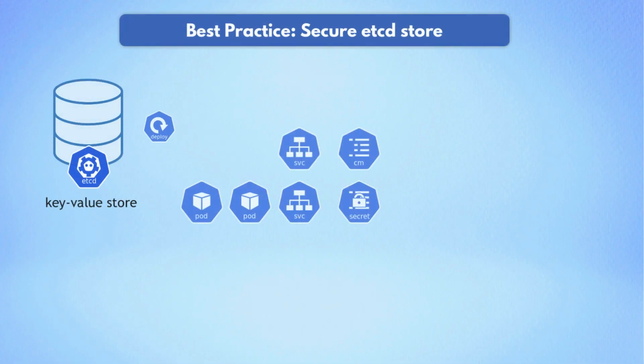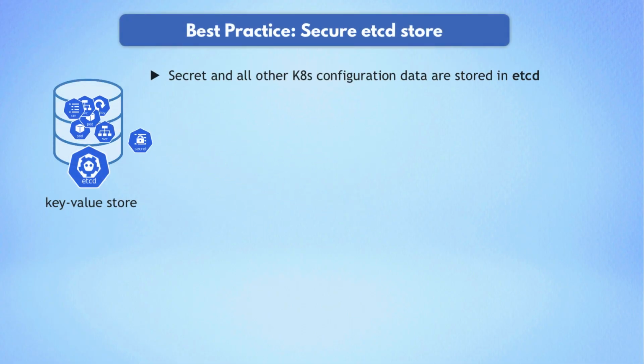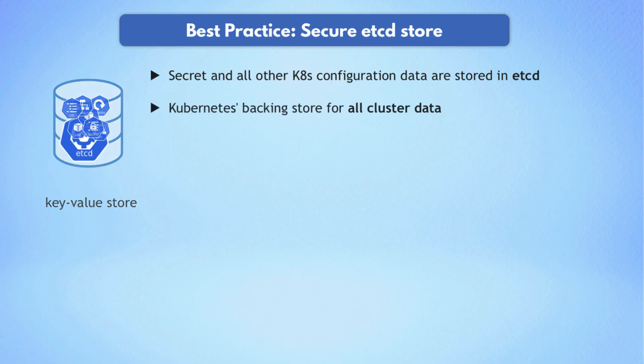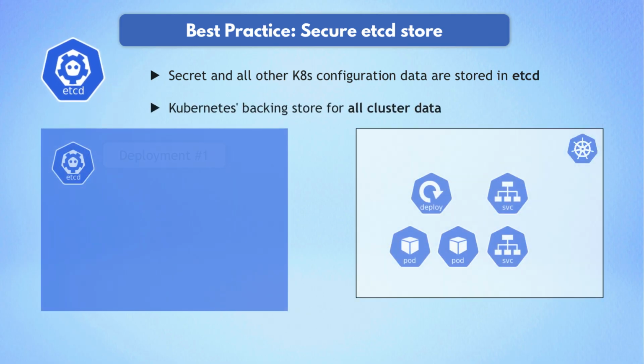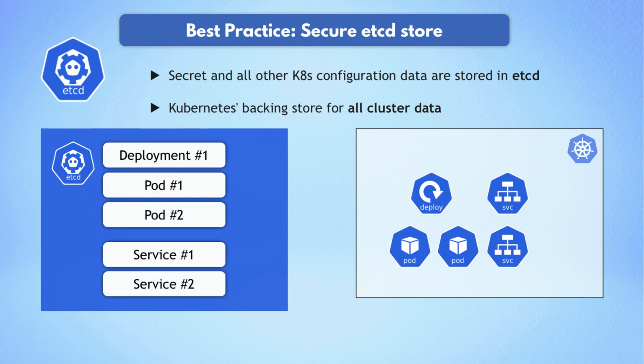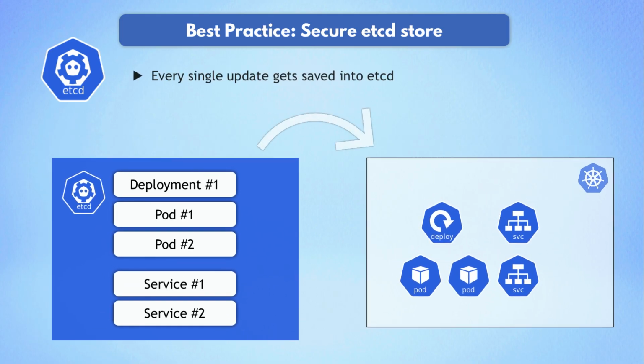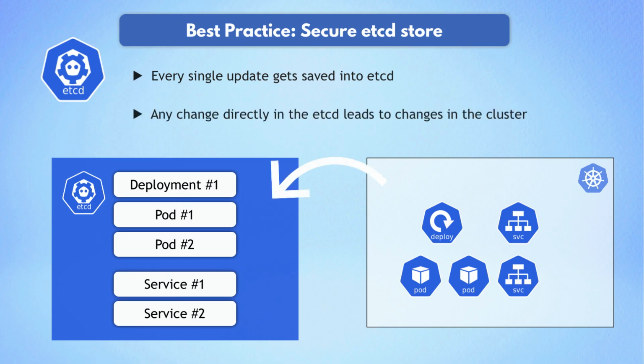Now, secrets and all other Kubernetes configuration data are actually stored in a key value store in Kubernetes called etcd. So Kubernetes uses this etcd store to keep track of and update its configuration and all the resources like services, deployments, pods, etc. And every single update gets saved into the etcd store, and the same way any change directly to the etcd will lead to changes in the cluster.